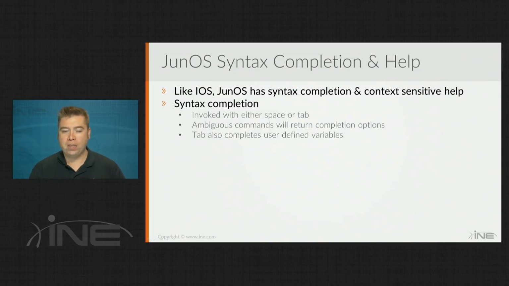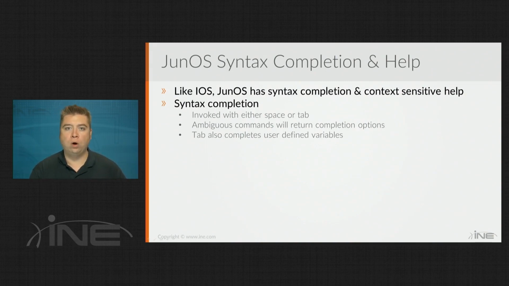For example, firewall filters, which essentially are like access lists, or the routing policy things that are like the equivalent of a route map in IOS: if you define a variable name and you use a tab, it's going to automatically complete it. In the case of IOS, it doesn't do that.